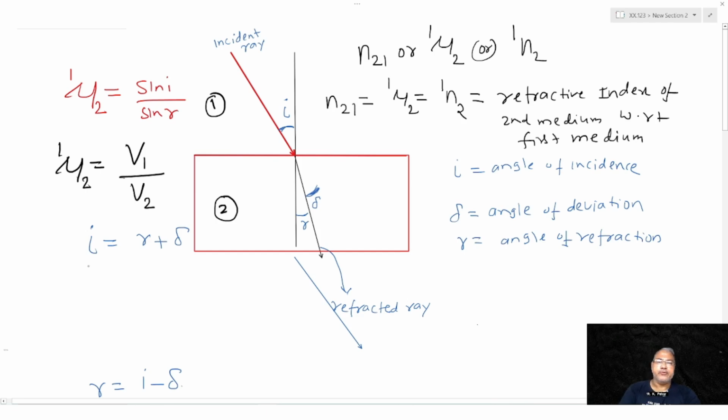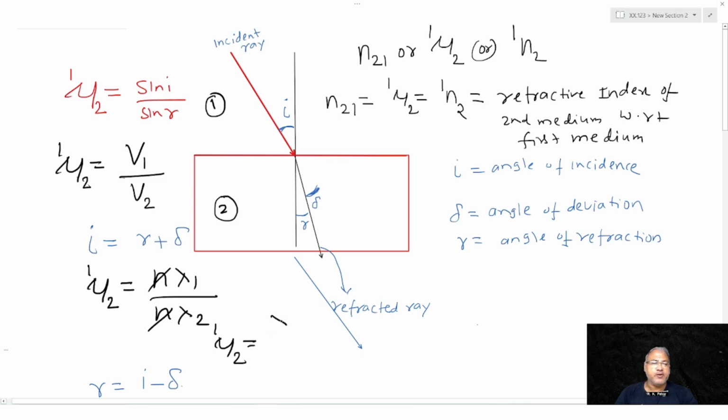Similarly, V equals n lambda. So n lambda 1 and n lambda 2, because the frequency does not change, n gets cancelled. So we get another relationship: the refractive index of the second medium with respect to the first medium equals lambda 1 upon lambda 2.